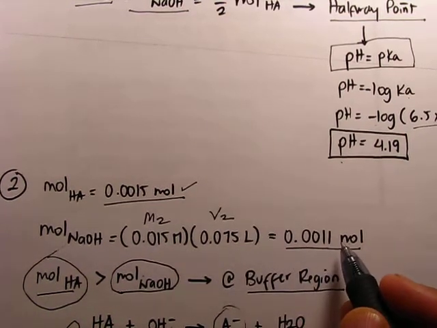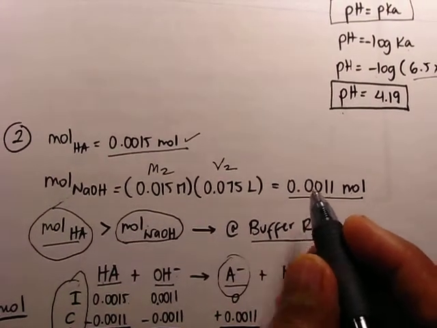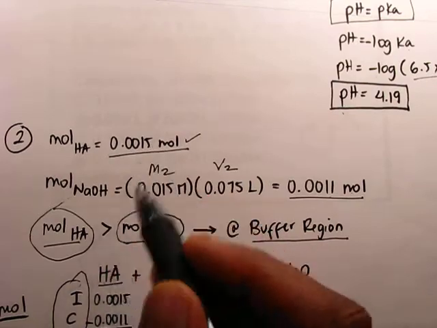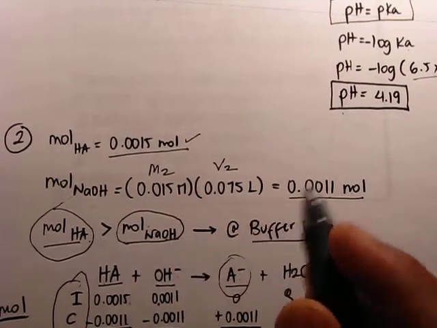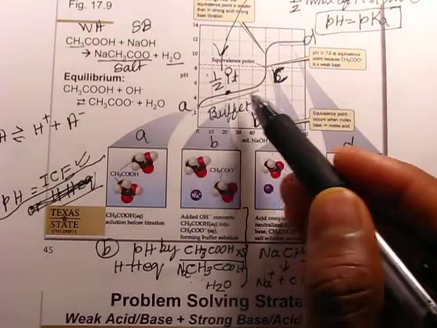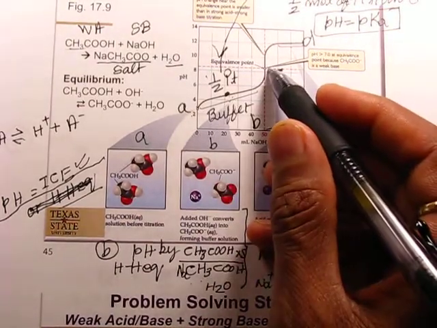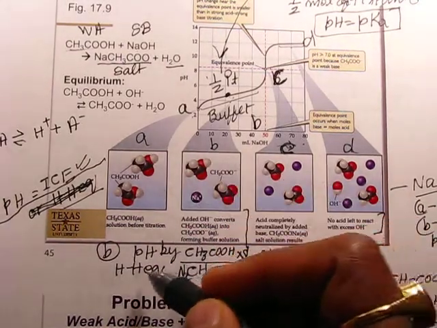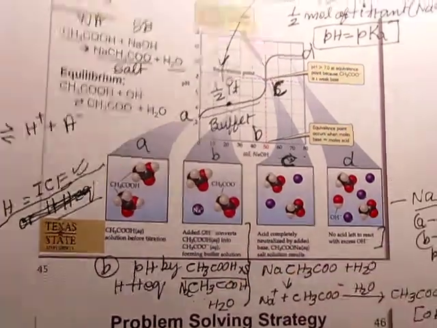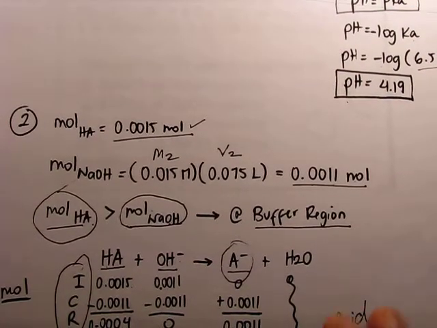Once we multiply, we find the number of moles. Here you can see the moles of acid are greater than the moles of base, so we are in the B and C region, in excess acid, which means we are in the buffer region.